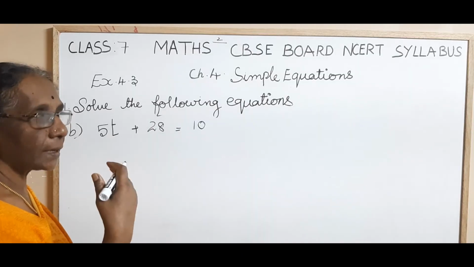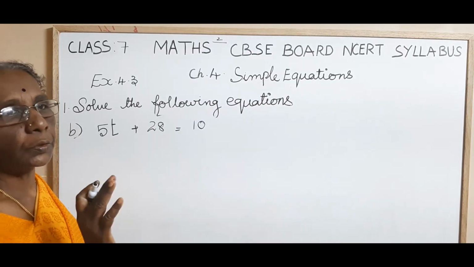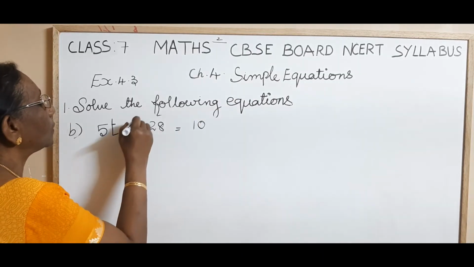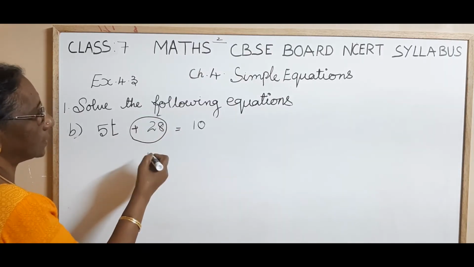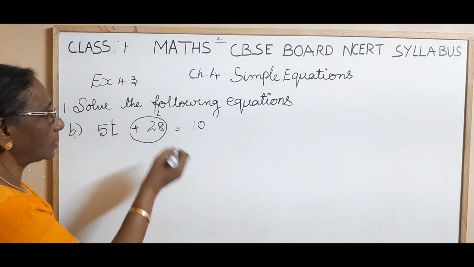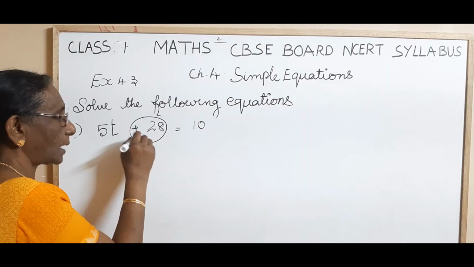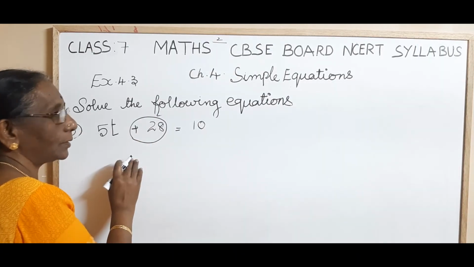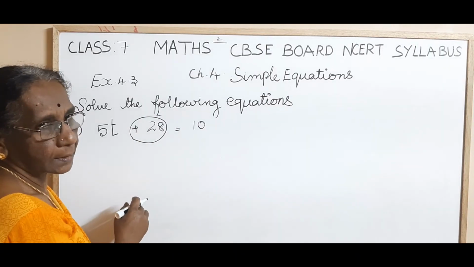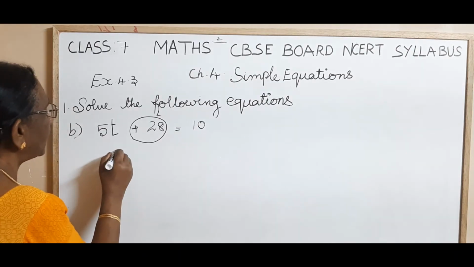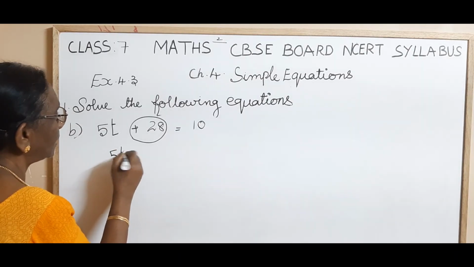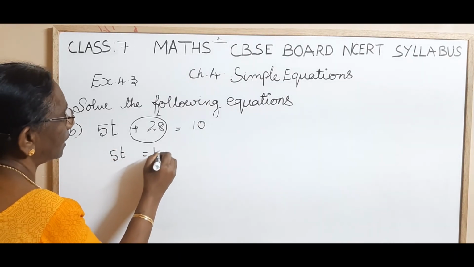So instead of writing that step, what operation are we going to do? This changing the sign. That is, we are going to transpose plus 28 from the left hand side to the right hand side. Okay. So what will happen? 5t is equal to 10.